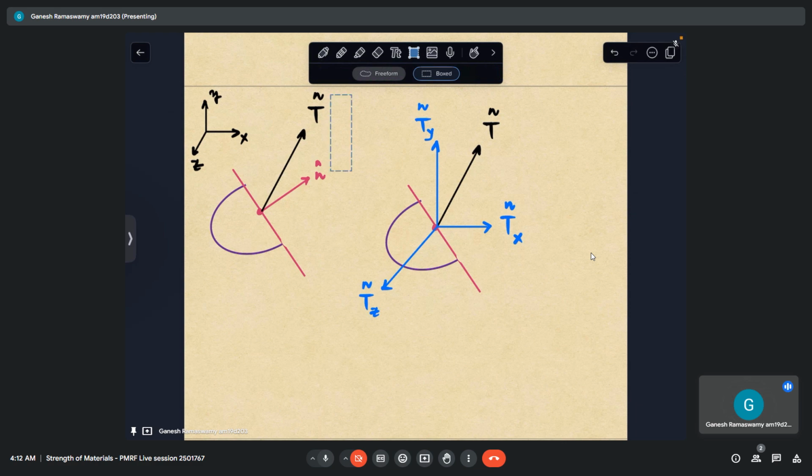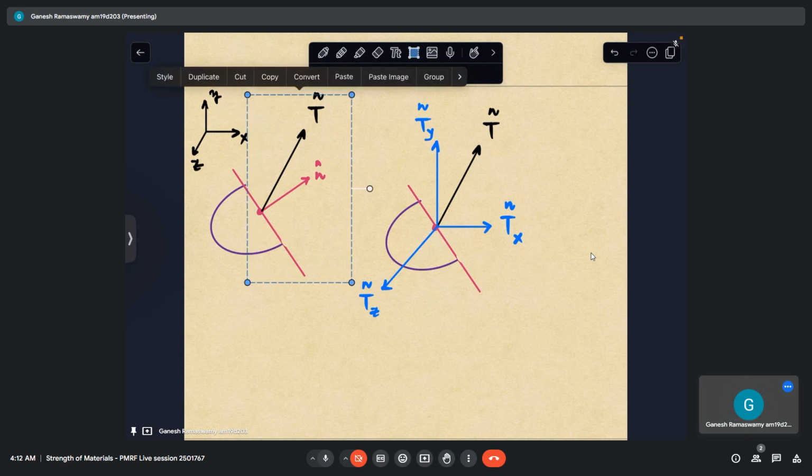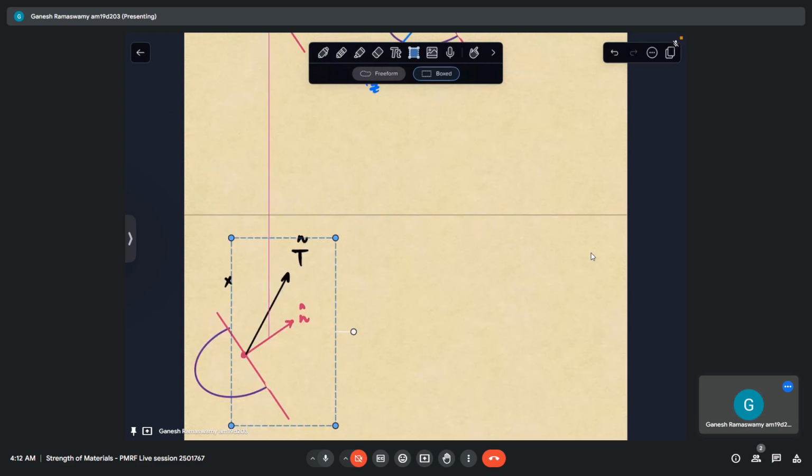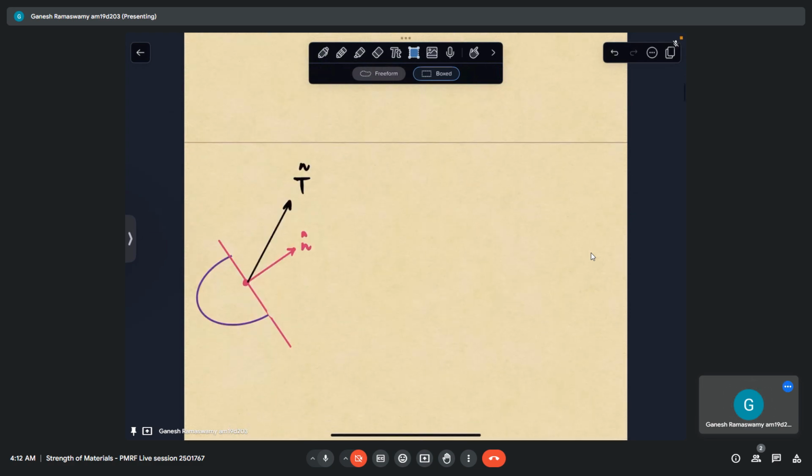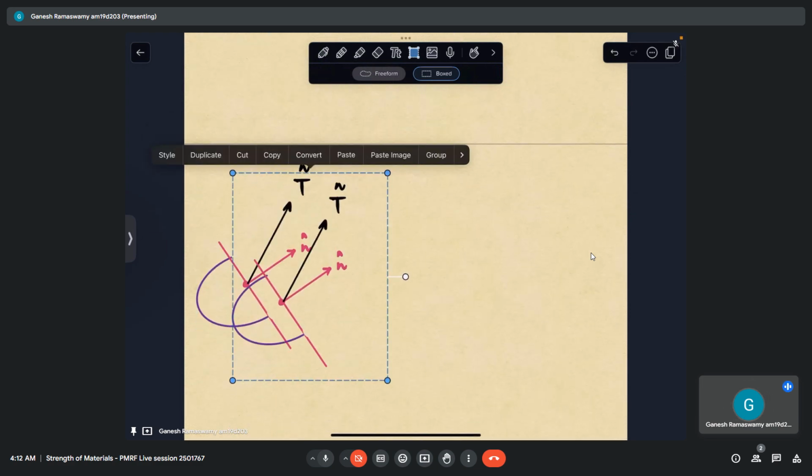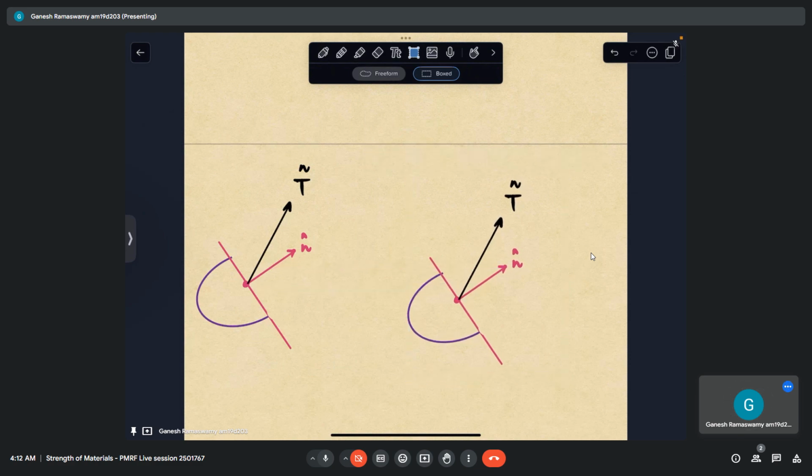Now let us say that I take the same diagram again, but instead of resolving it along xyz, I decide to resolve it along the normal and tangential directions to that plane. Now, what is the normal direction? I know that this is the normal direction to that plane.